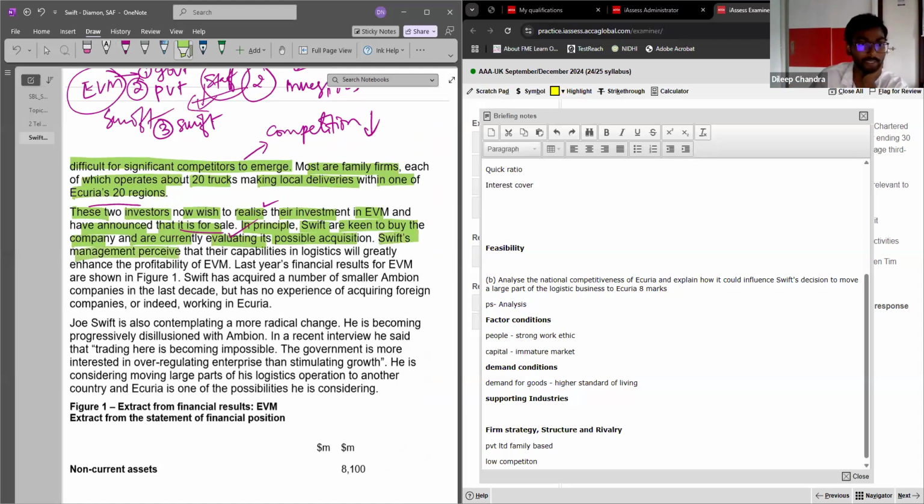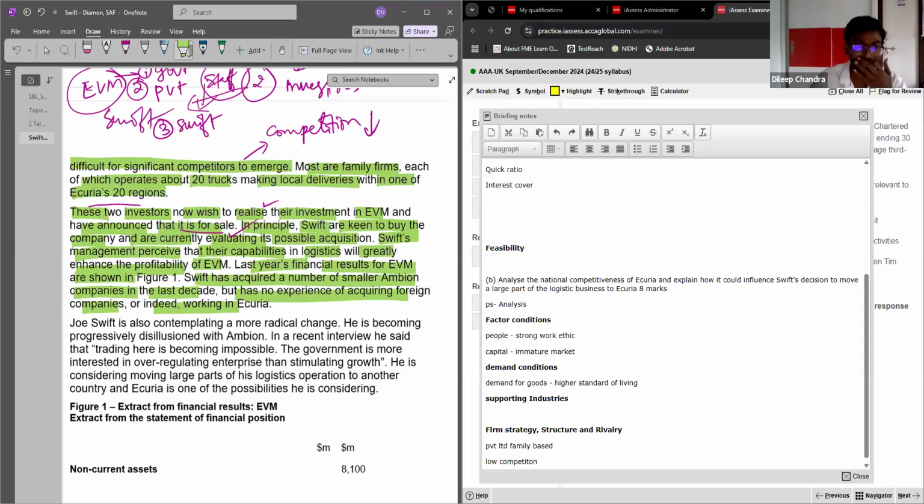Swift's management perceived that their capabilities in logistics will greatly enhance the profitability of EVM. Okay. Last year's financial results of EVM are given in figure 1. Swift has acquired a number of smaller ambient companies in the last decade, but has no experience of acquiring foreign companies or indeed working in Ecuria.